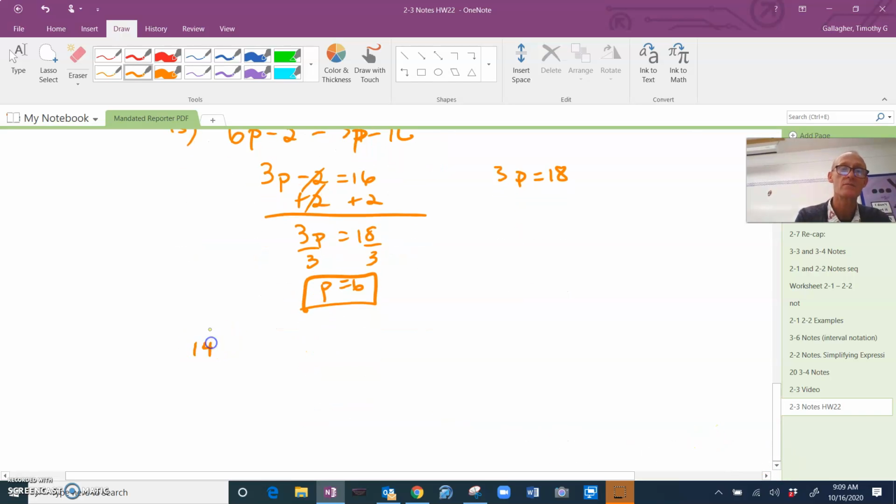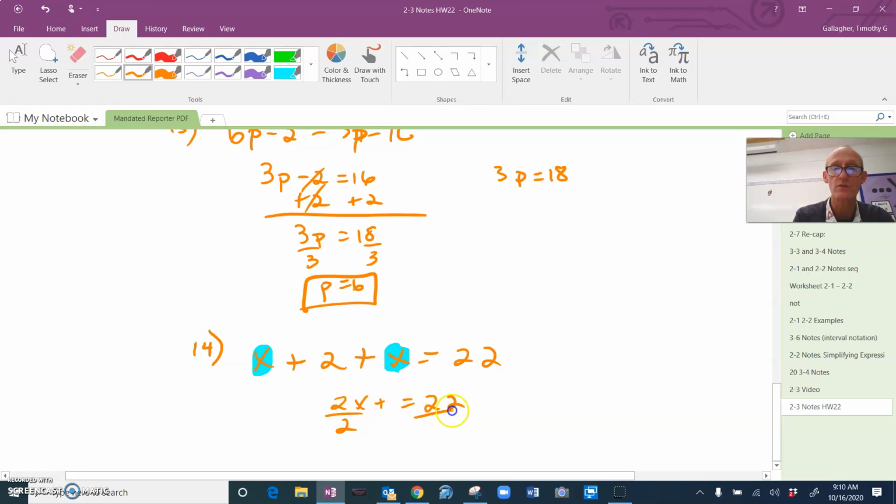Number 14, you can stop this video. Stop and do the problem. That's what you've got to do. 14 is x plus 2 plus x equals 22. In this problem, we have to combine this term and this term. And we get 2x plus 2 equals 22.